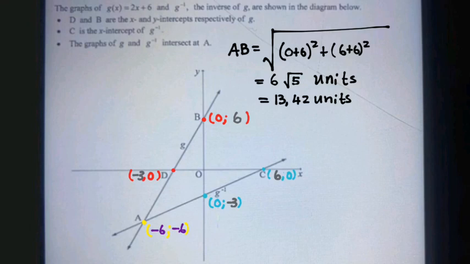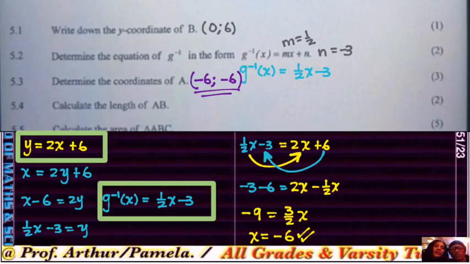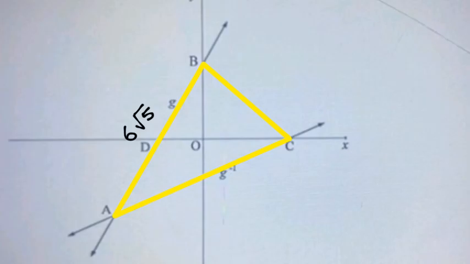Let's find this distance. This one. Yes, this distance will be the same as that one. So that means we have an isosceles triangle. This is 6 square root of 5. So which means that angle there, let's call it theta, it will be the same as that one, theta.